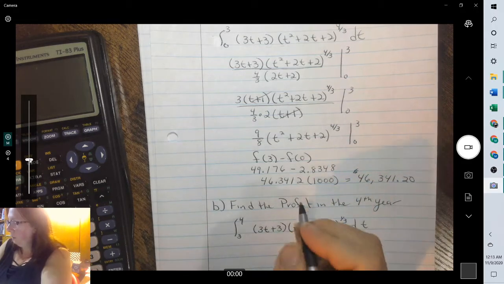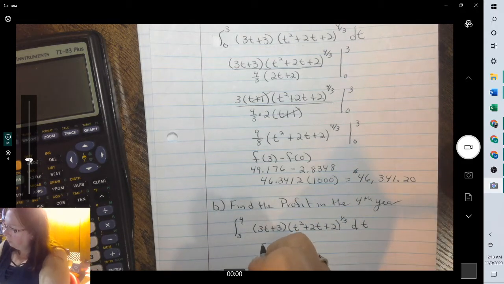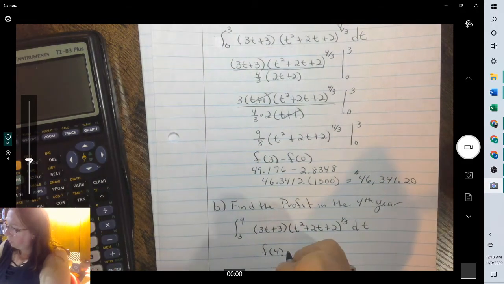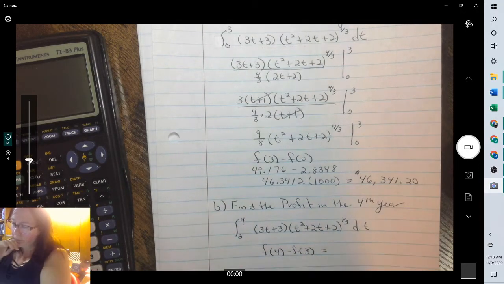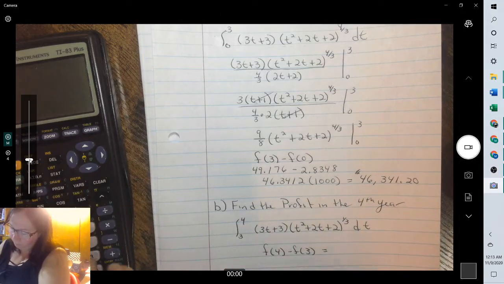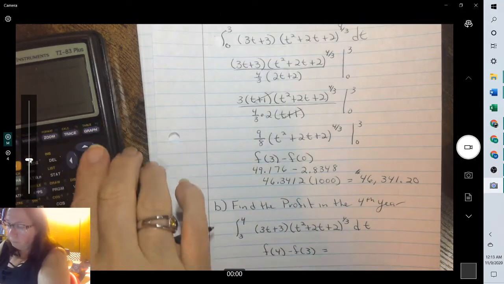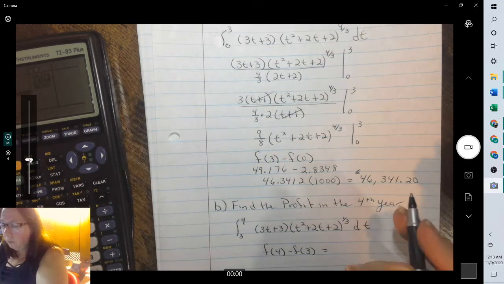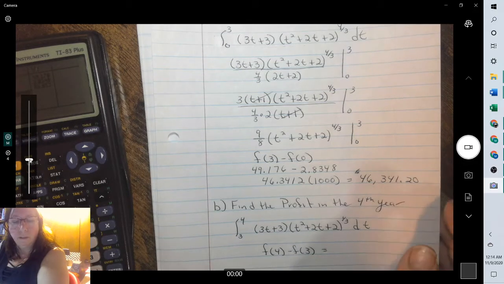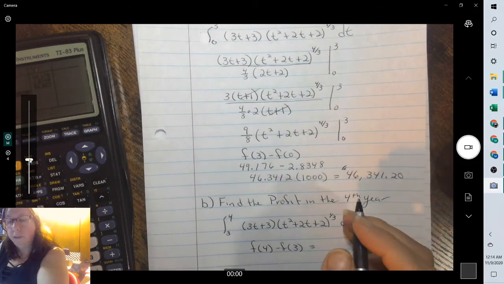We've already done this, and it's already in our calculator. We just need to find f of 4 minus f of 3. And f of 4 is 86.653.